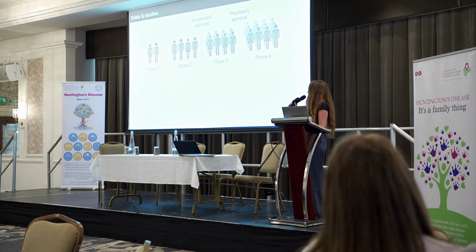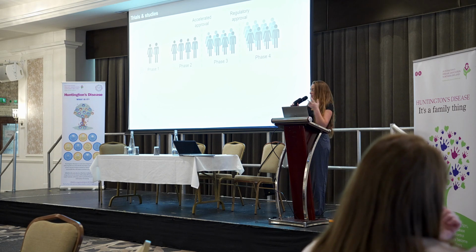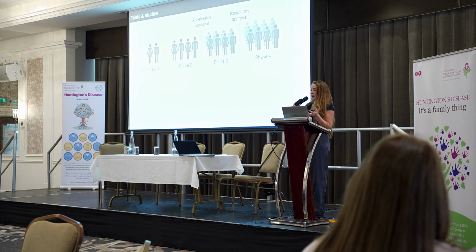So just also a really quick background on clinical trials as well. I'm sure many of you know, but just in case there's anyone who needs a reminder. Phase 1 trials take place in small cohorts, and their main goal is to assess the safety and dosage of a potential drug.